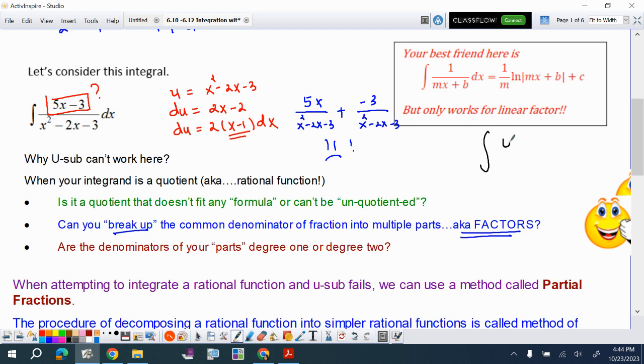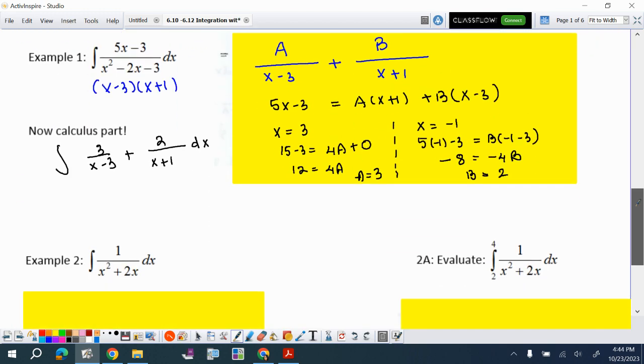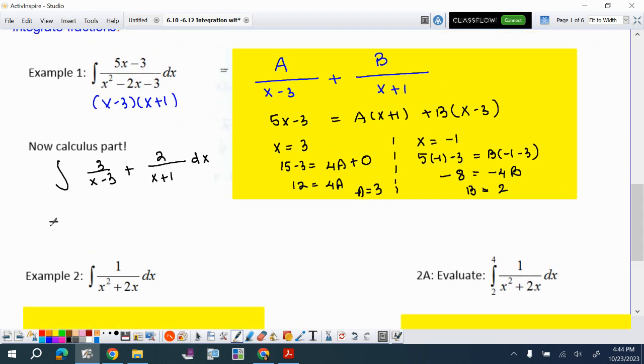What pattern fits here? u prime over u is ln u. The derivative of mx plus b is m, so we have to balance it with 1 over m. So in this case, 3 ln|x minus 3|, because the derivative of x is 1, so we don't have to worry about that, plus 2 ln|x plus 1| plus C. This is the antiderivative. So PFD is the pre-calculus part, and the calculus part is the antiderivative.